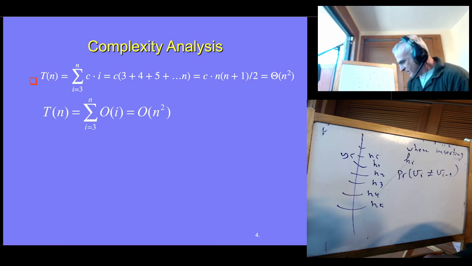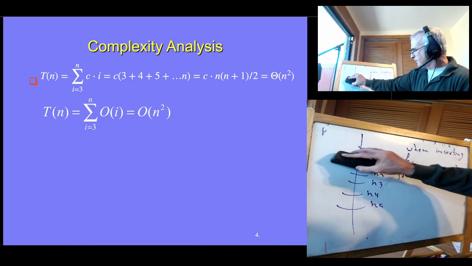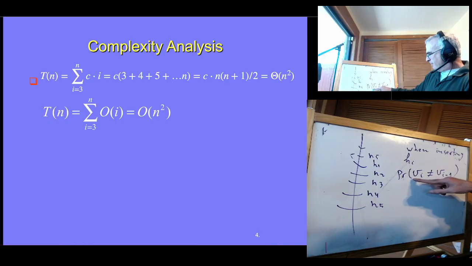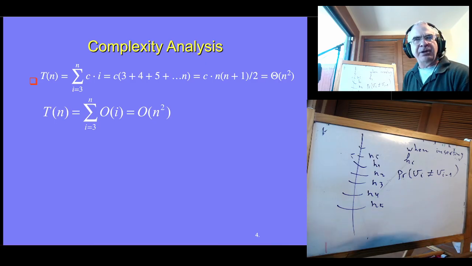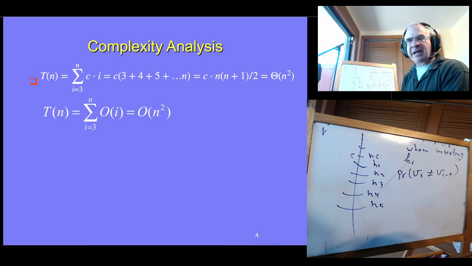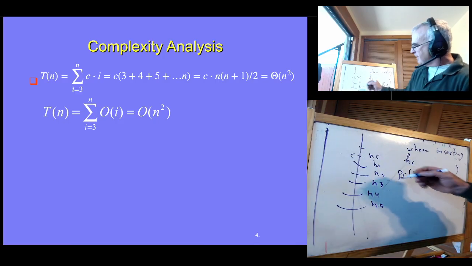Let's take a slightly simpler example. I'm asking what the probability is that the solution for vi is different than the solution vi minus 1. That is, that I need to update m in the previous example where I kept the maximum. Let's take an even simpler example.